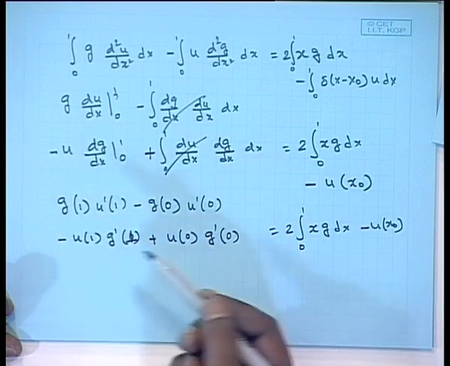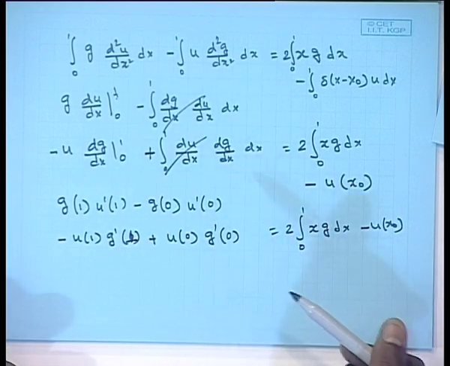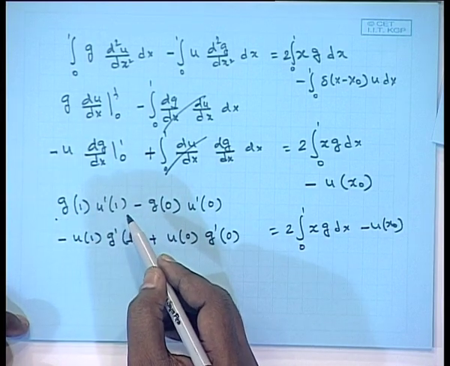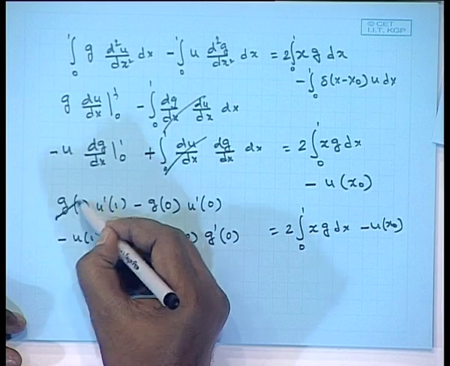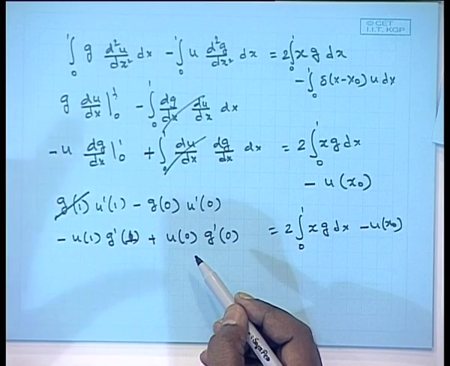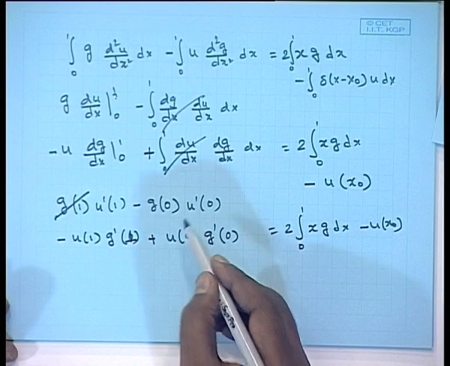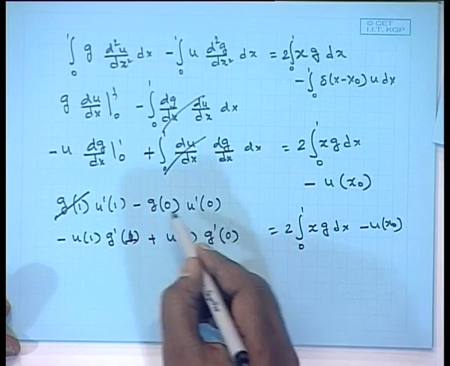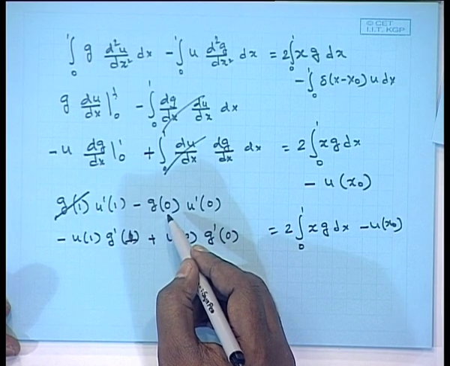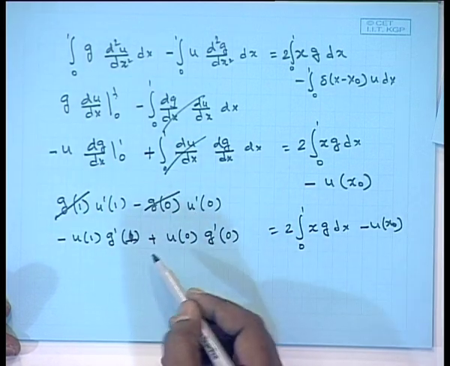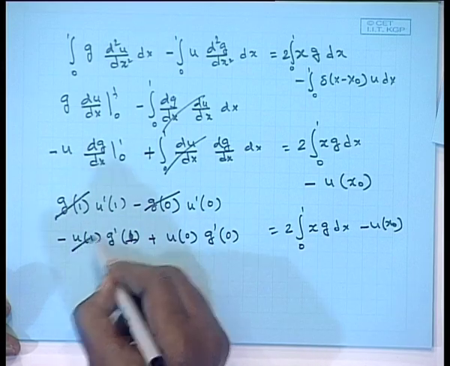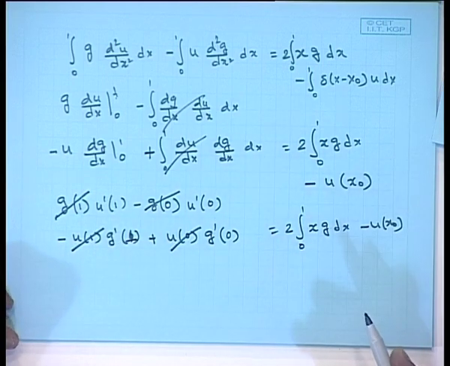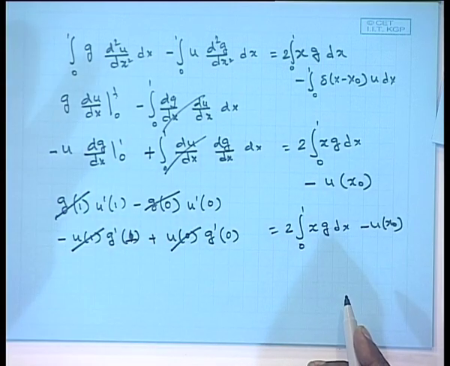Now, all the boundary conditions of Green's function are homogeneous, g at 1 equal to 0. So whatever the value of u prime at 1, it really does not matter, because g at 1 is 0, this term will be equal to 0. Similarly, whatever the value of u prime at x equal to 0, it really does not matter, because g at x equal to 0 is equal to 0. So this will be gone. u at 1 is equal to 0, u at 0 equal to 0, irrespective of g prime at x equal to 0 and 1. So the whole left hand side will be equal to 0.